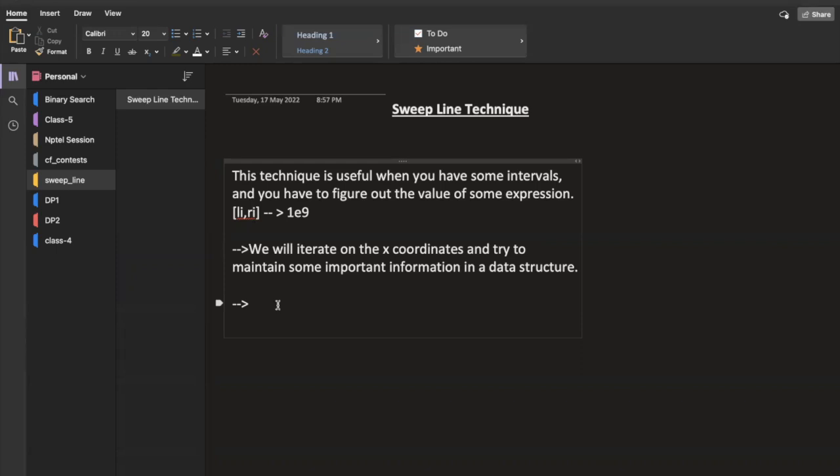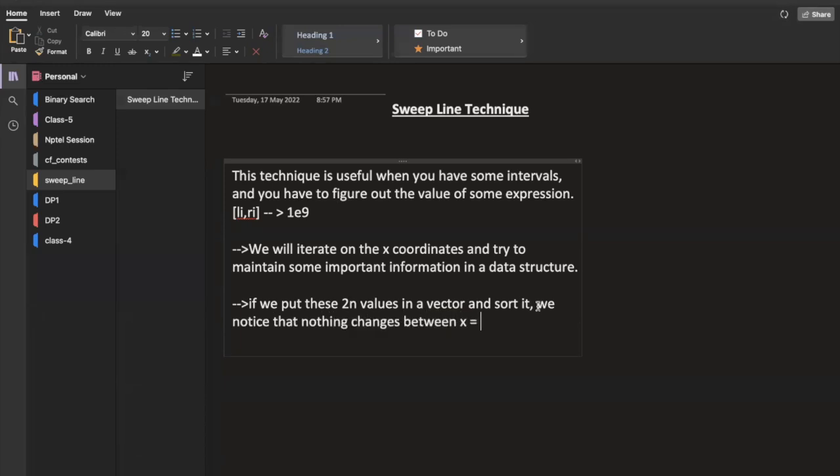There is no interval starting and no interval ending. Let's say this vector is a. We notice that nothing changes between x equals ai and x equals ai plus 1.